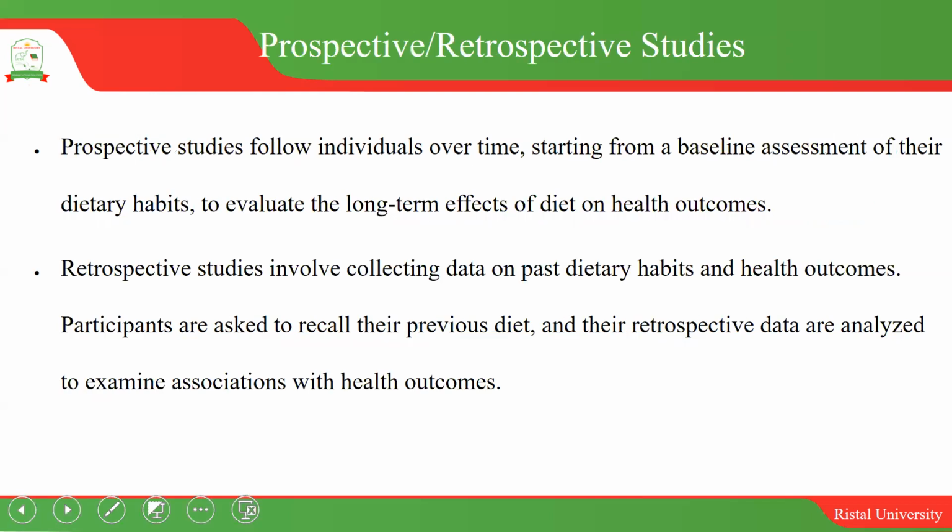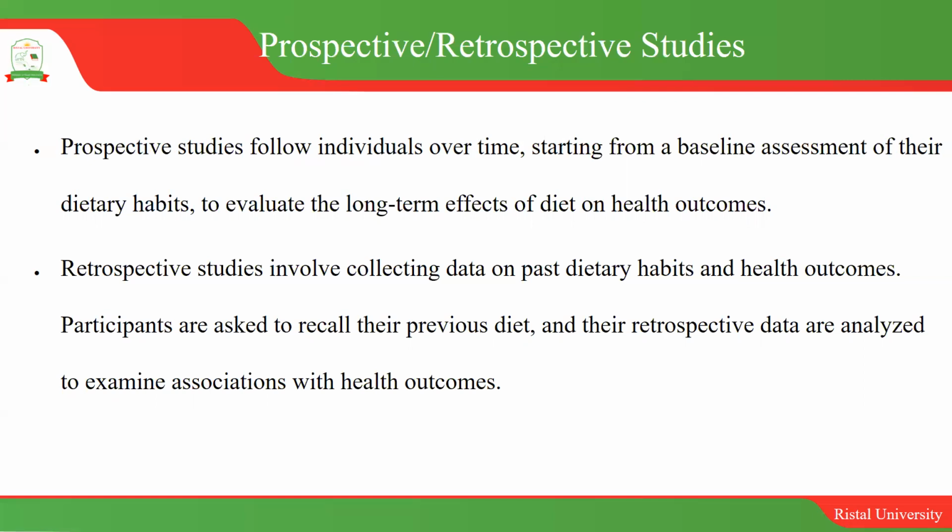You can carry out cohort studies in two ways. You can look at people going forward, that is, you study them for the next 1 year, 2 years or 5 years. That is prospective. Retrospective is where you collect data about their past dietary habits.